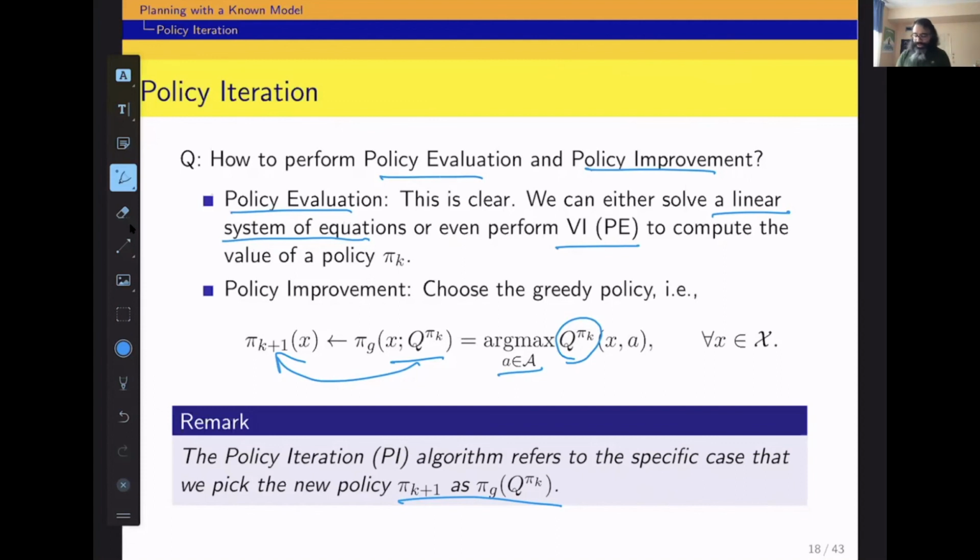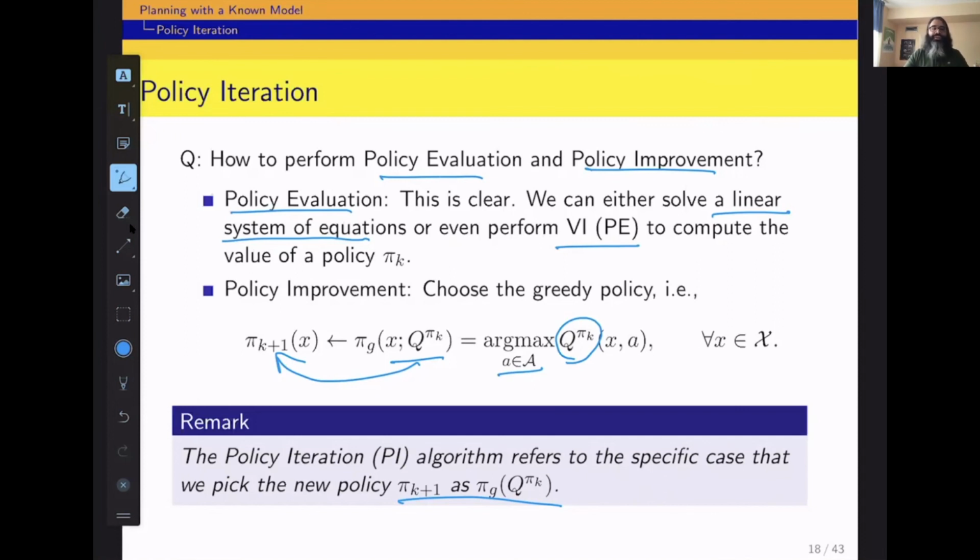I think this is a good point: when things are infinite dimensional, like when the state space is continuous, there is an important question of how to do any of these things in practice.